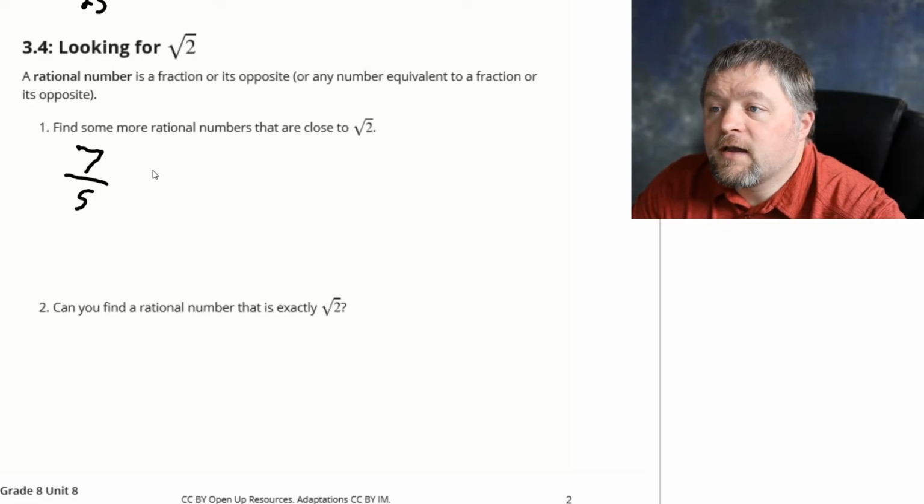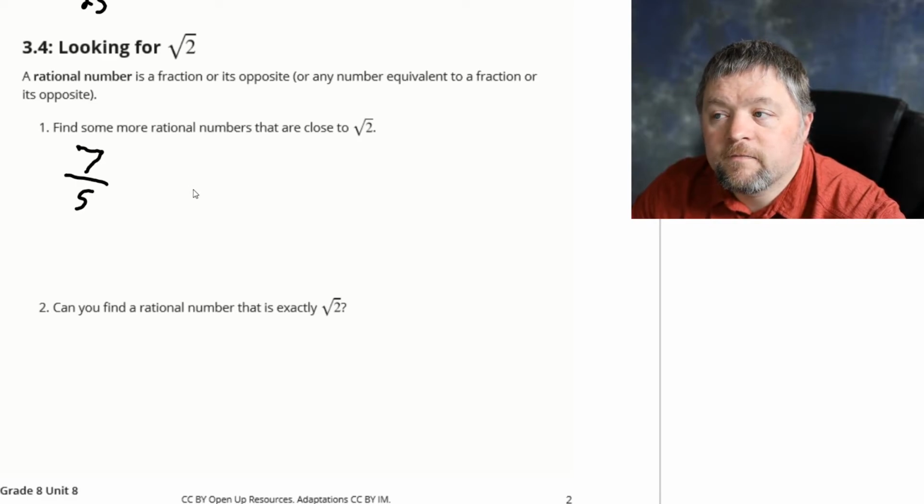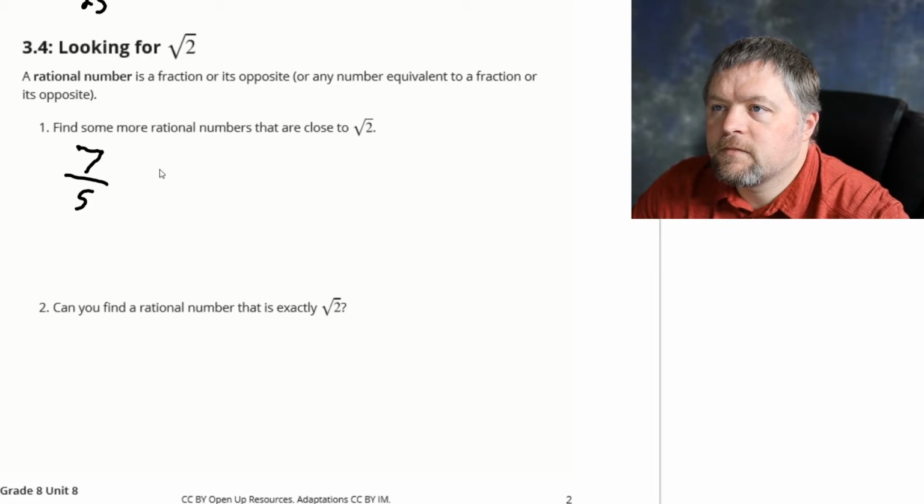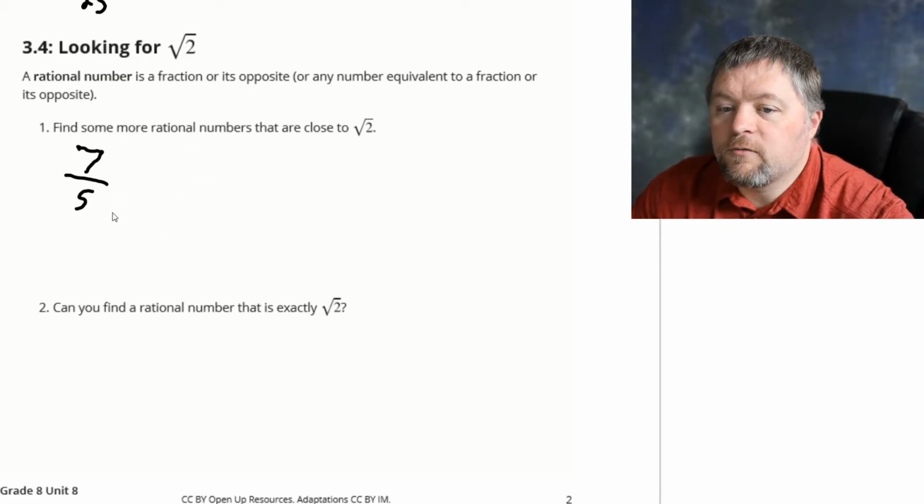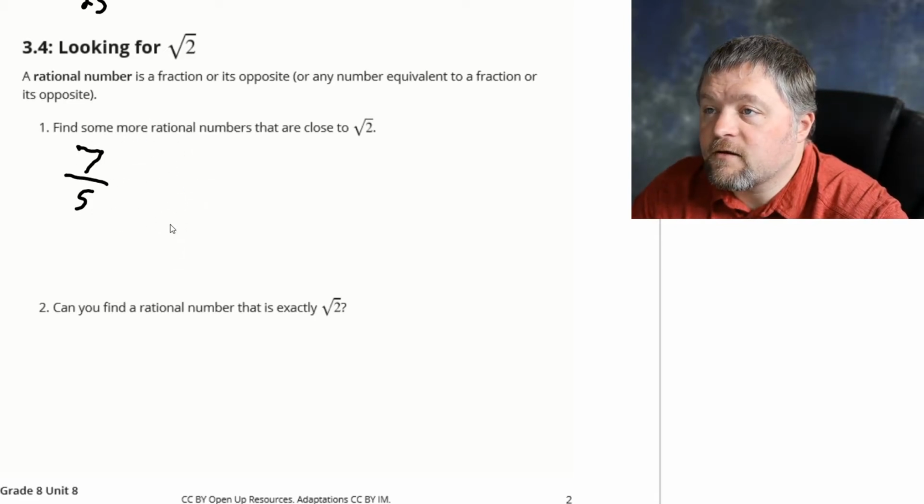Could you find another rational number, another number that can be written as a fraction, that is close to the square root of 2? I will leave it up to you to try and find another. Can you find a rational number that is exactly the square root of 2?